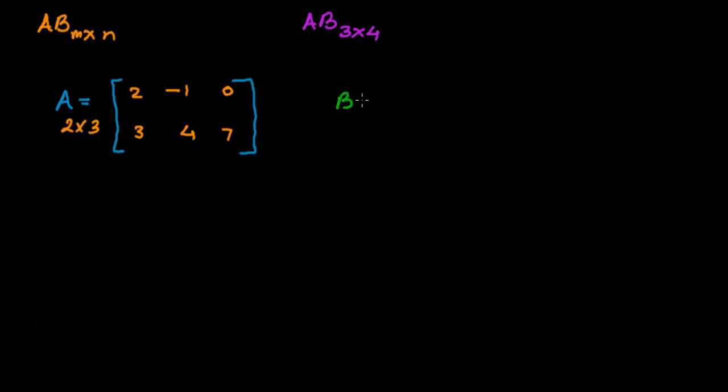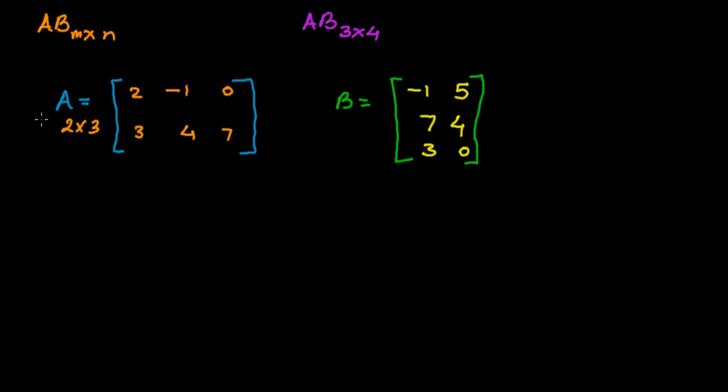We have another matrix B. The elements are -1, 5, 7, 4, 3, 0.